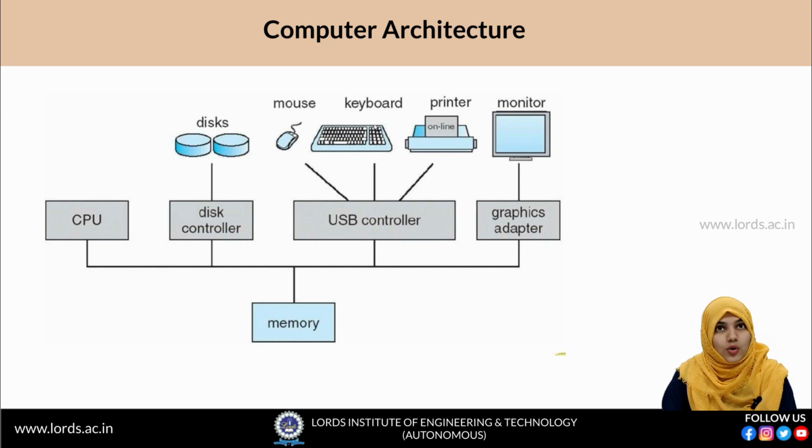Each device controller is in charge of one specific device. The CPU and device controllers execute in parallel and compete for memory cycles. They work in a synchronized way to access the memory.